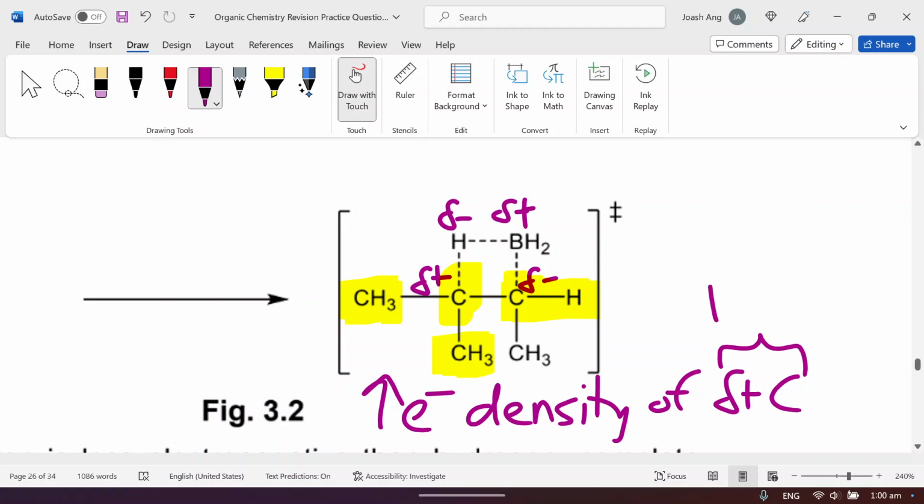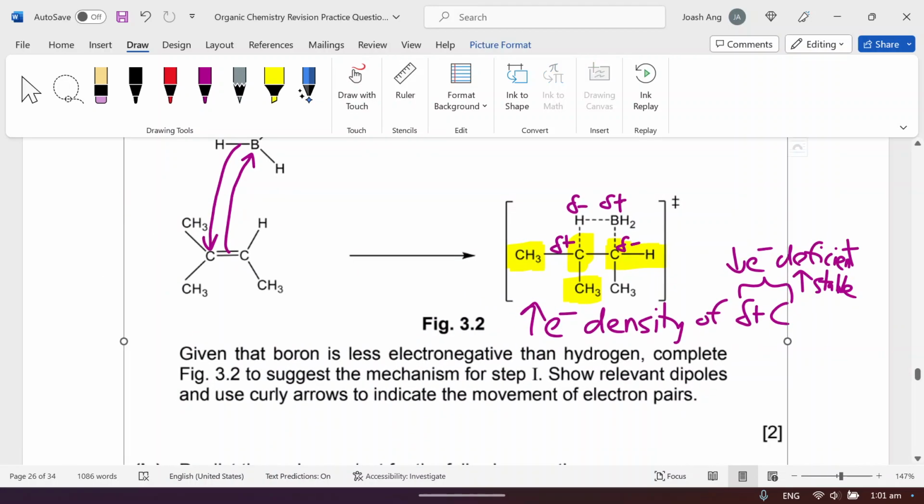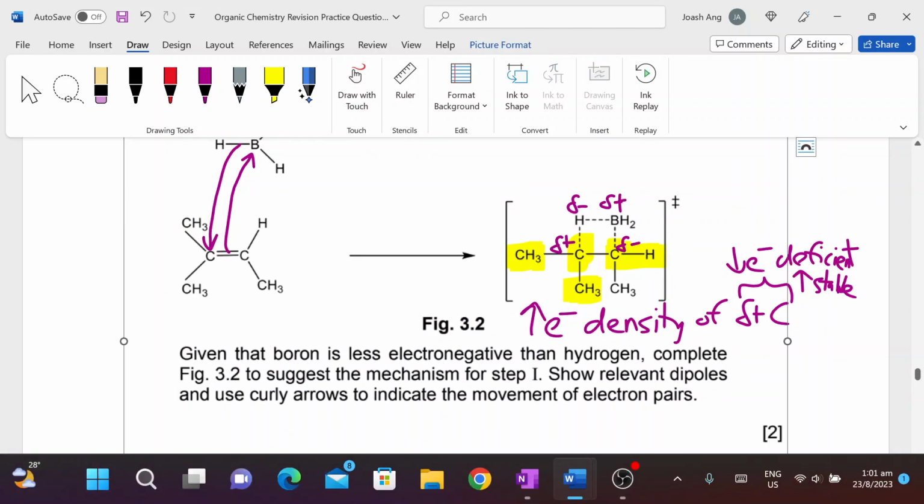So this is less electron deficient and thus more stable. Okay, so this is it for the alkene question.